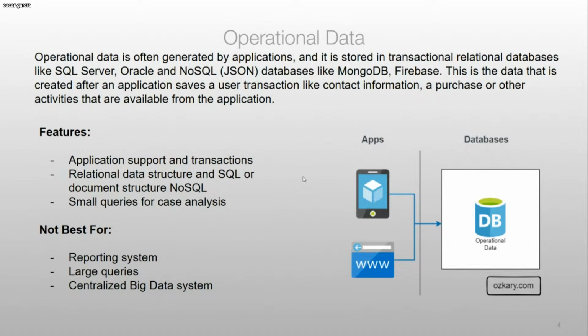But they're really designed just for transactions, for small queries, for us to build applications. They're really not good for reporting systems, for running large queries, and for building centralized big data systems.